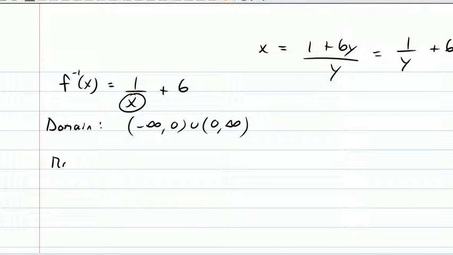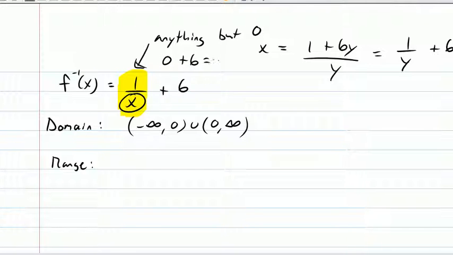Now the range. Well, think about what 1 over x can become. We just talked recently about how it can become infinitely large things and infinitely small things, but never 0. So this can be really almost anything but 0. Well, if that can't be 0, then you're never going to be able to get 0 plus 6, which would have been 6.